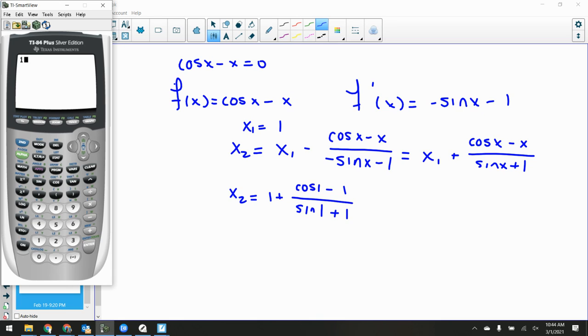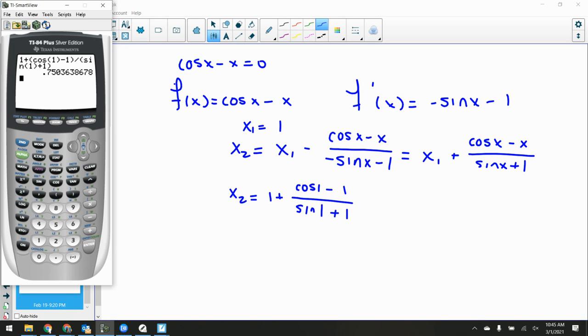I've got 1 plus, okay, in my numerator, cosine of 1 minus 1, divided by, start my parenthesis, sine of 1 plus 1, and my parenthesis. Everybody see what I'm doing there? I'm just plugging the entire function in.